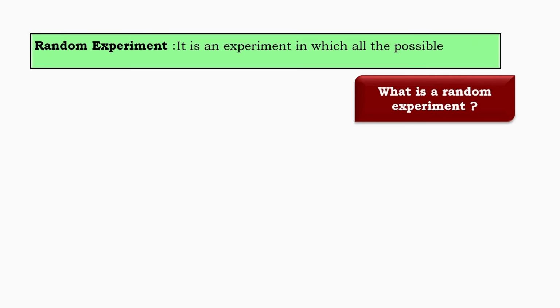It is an experiment in which all the possible results are known in advance, but they cannot be predicted with certainty. So, what does that mean? Whenever we are doing any experiment, we know what the possible outcomes or results can be, but out of those results, we can't predict which one will occur.